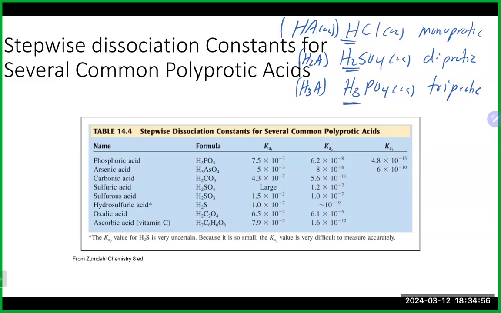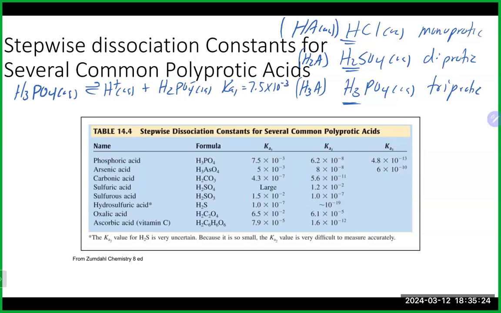So the very first thing that would happen is the H3PO4 would basically give away 1 H plus, and you would be left with H2PO4 minus. And this has a Ka value, which is sometimes referred to as a Ka1 value. And we have it down below there. Looks like 7.5 times 10 to the minus 3.